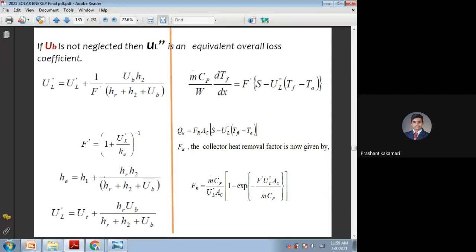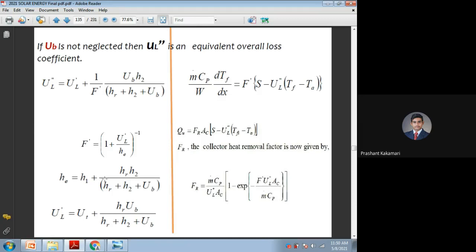The collector efficiency factor is over. Now we'll discuss the useful heat gain. As I told, this can also be written as the ratio of actual useful heat gain to the useful heat gain, that can be an efficiency. The useful heat gain we have discussed many times.